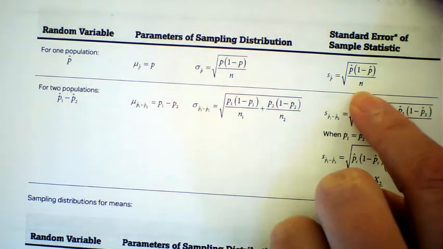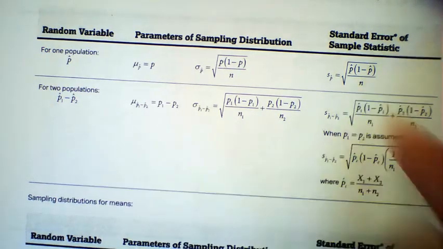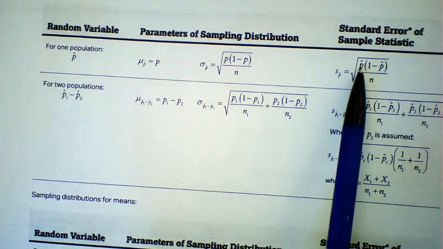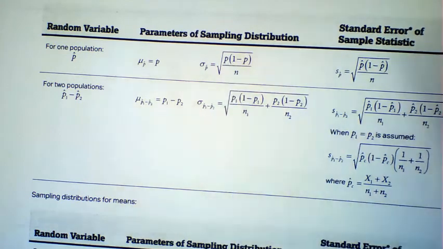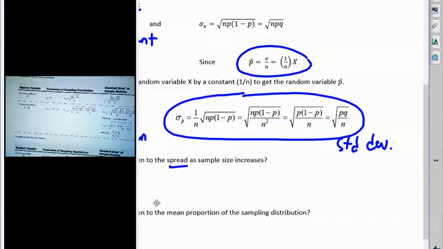And then over here we have what's called the standard error of the sample statistic. Sometimes we're going to be using the sample values, but sometimes we'll be using population values, and we'll have to learn when we use one and when we use the other.